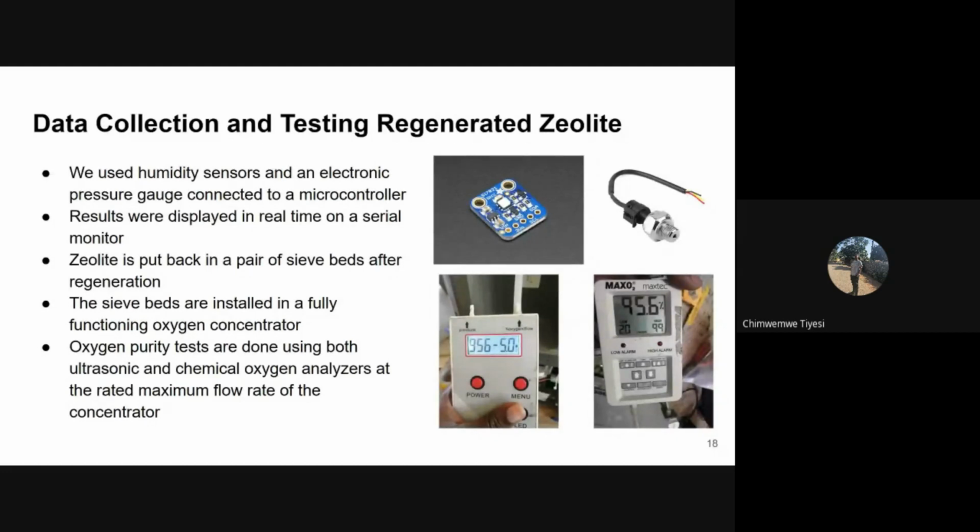The sieve beds are then installed in a fully functioning oxygen concentrator. Then we measure the oxygen purity using both ultrasonic and chemical analyzers at the rated maximum flow rate of the oxygen concentrator. We use the ultrasonic and the chemical analyzers just to double check that we're getting proper results and there are no issues with the measuring instrument.